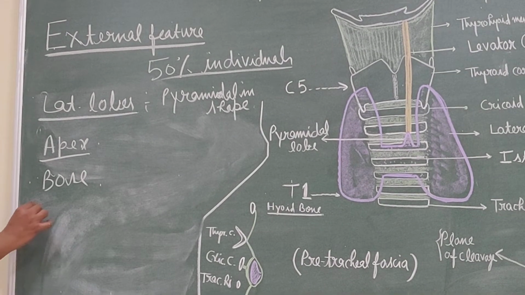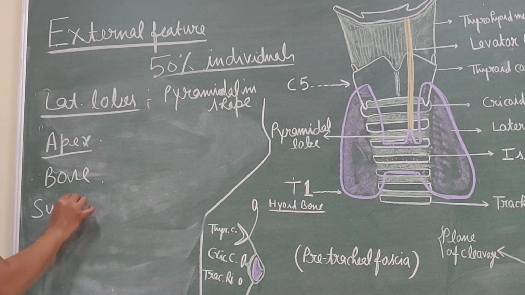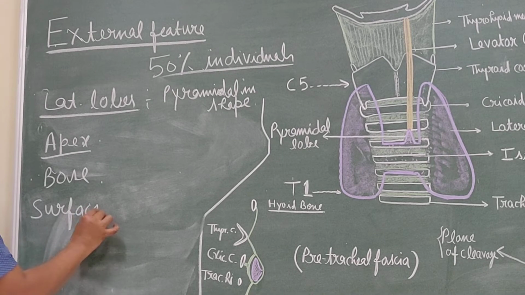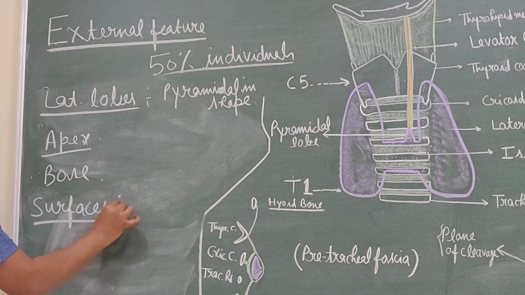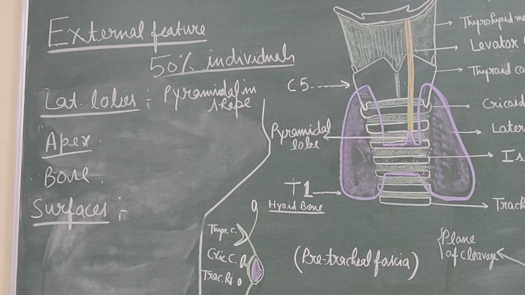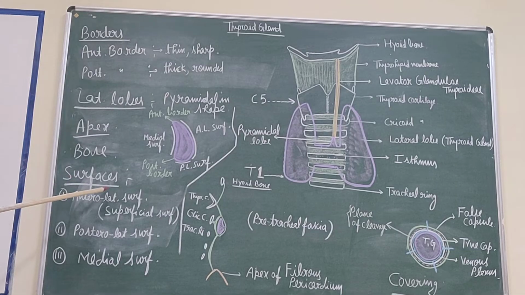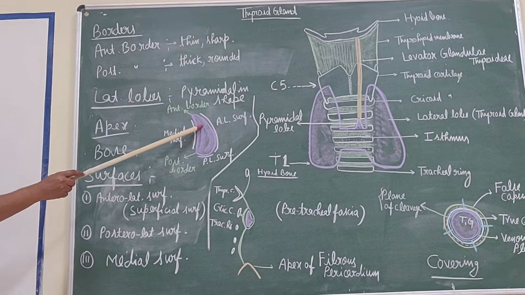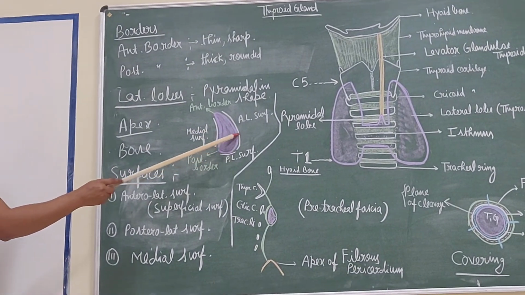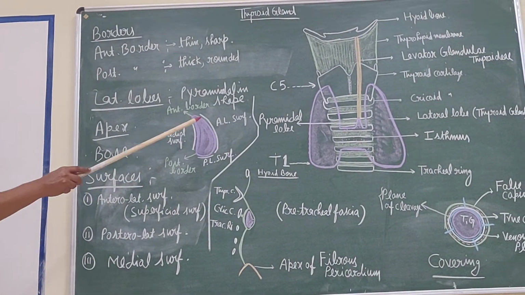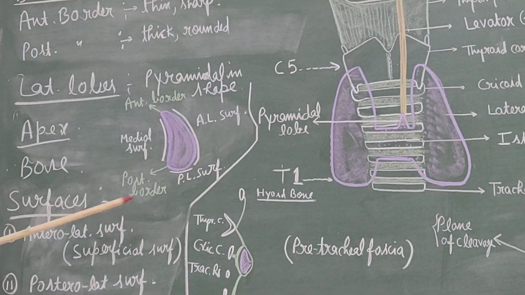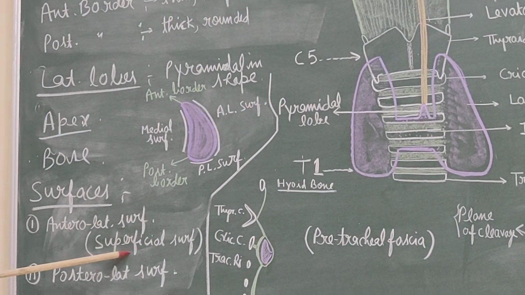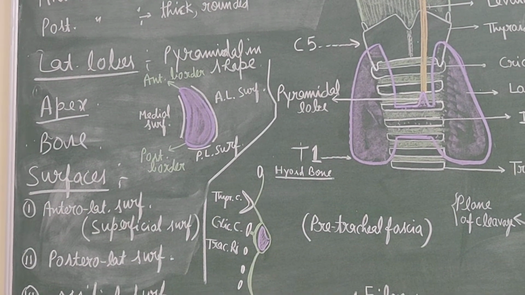Now it has three surfaces: the anterolateral surface. In this diagram, this is one lateral lobe showing the anterolateral surface, which is also the superficial surface.